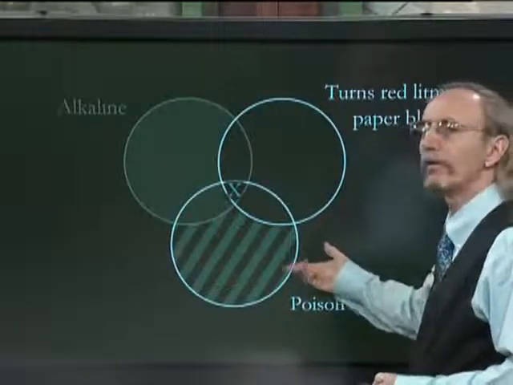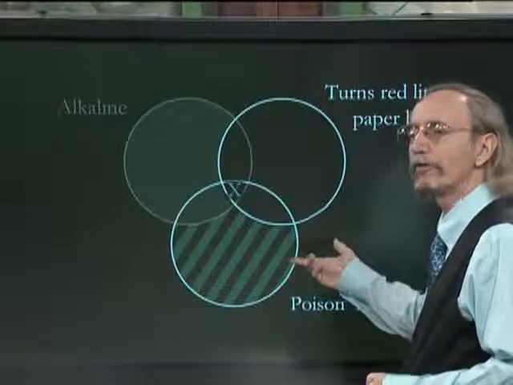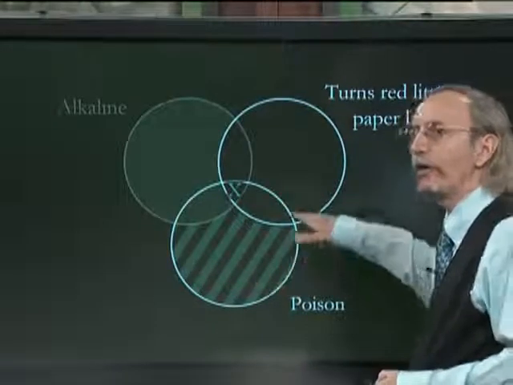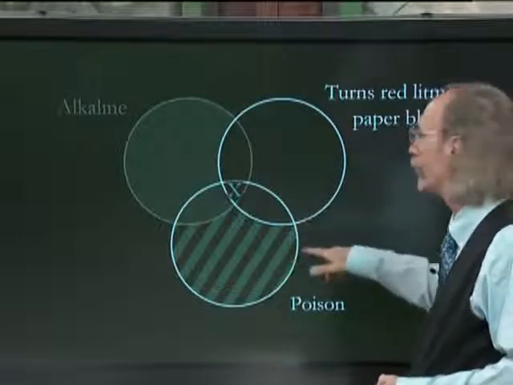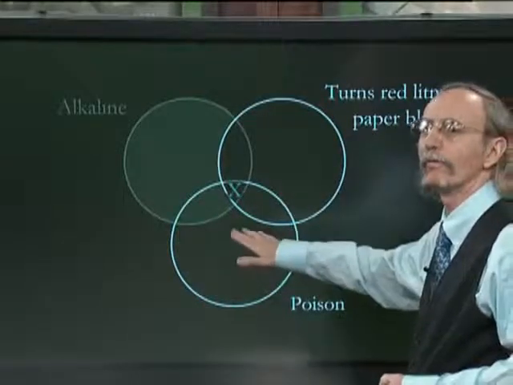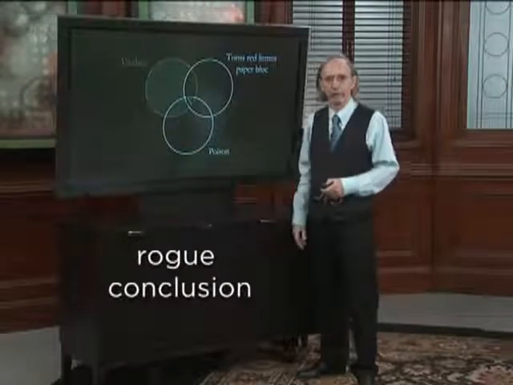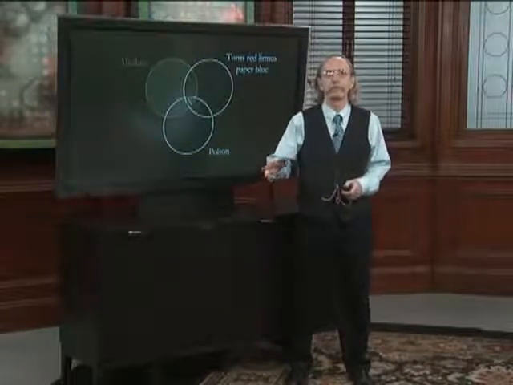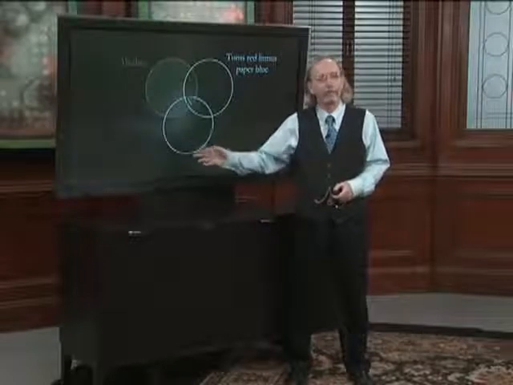Is that information there already? Is that information we have already? No. If it were there, that lower area would be blacked out already, but it isn't. We have a rogue conclusion. In addition to logical space beyond our premises, it doesn't follow. That argument is invalid.